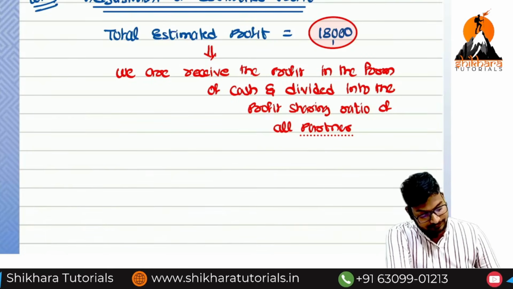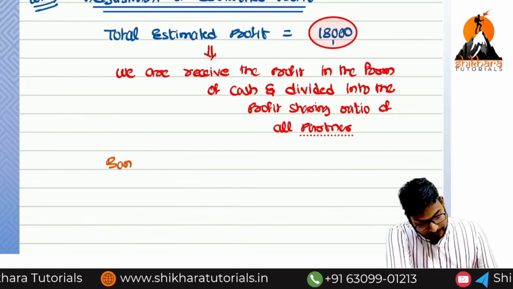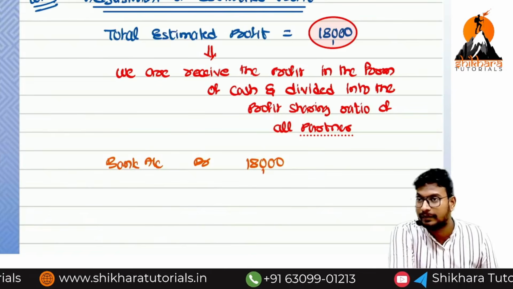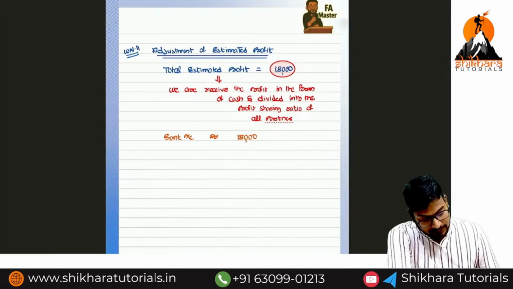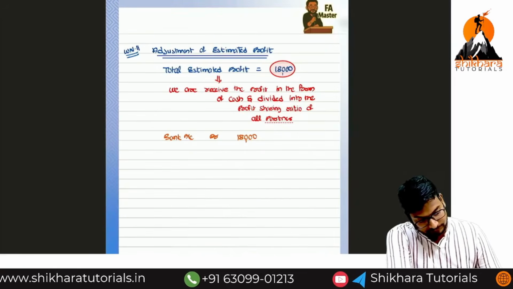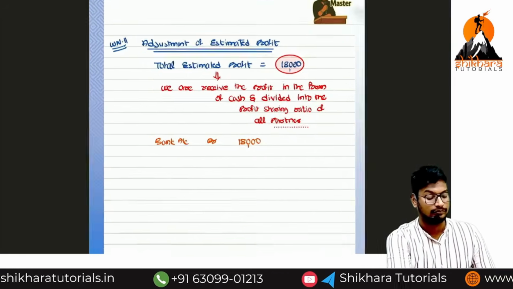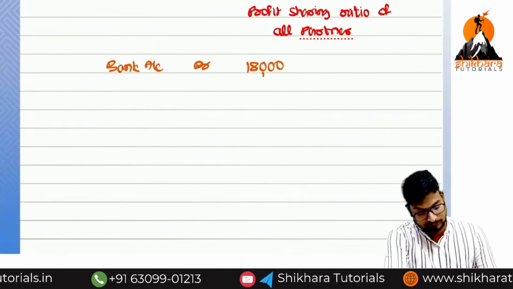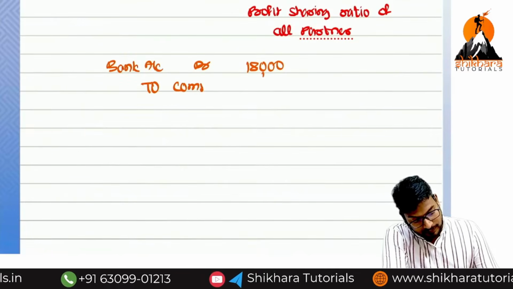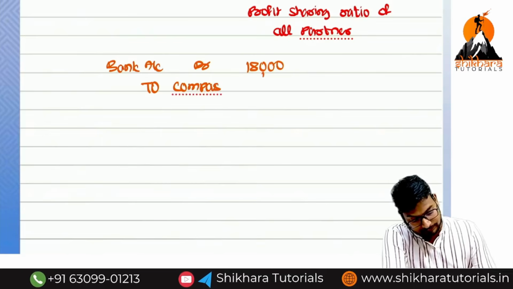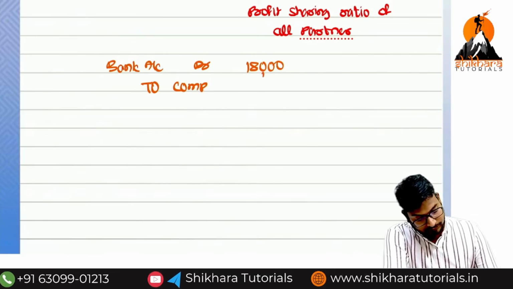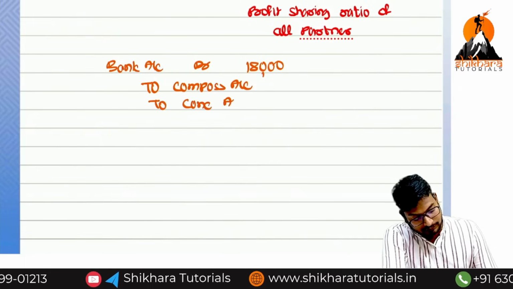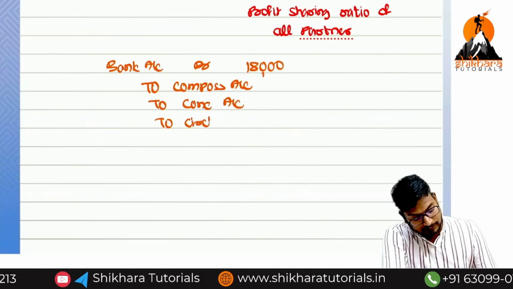Bank account debit, how much? 18,000. To the partners: Compass, Cone, Circle.